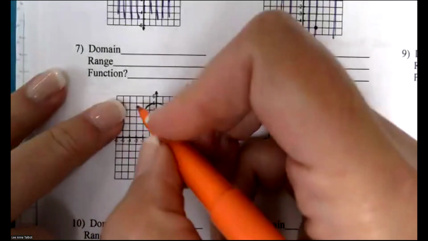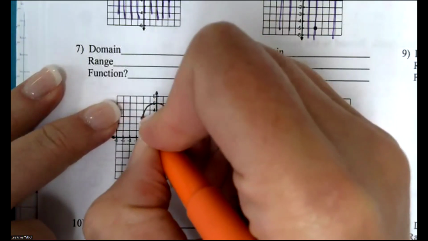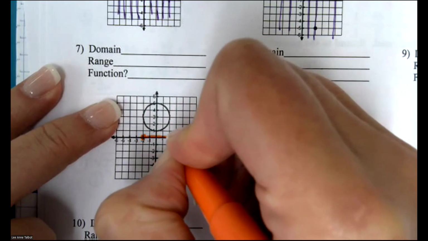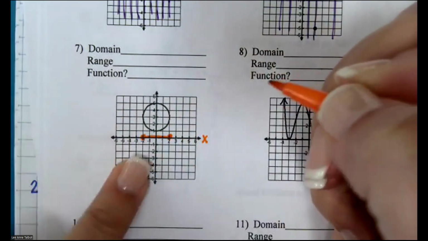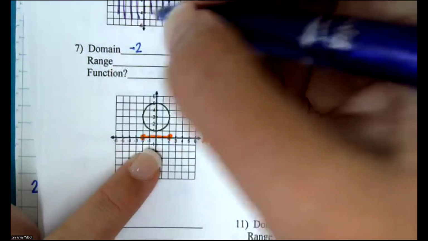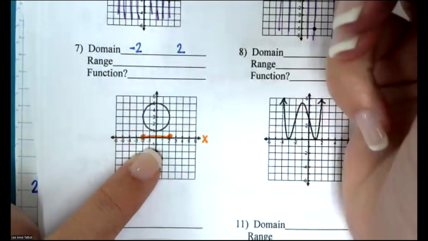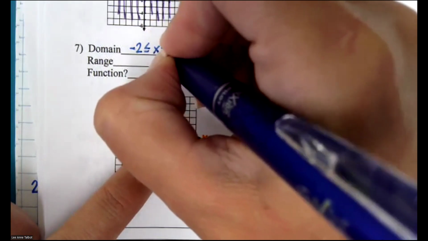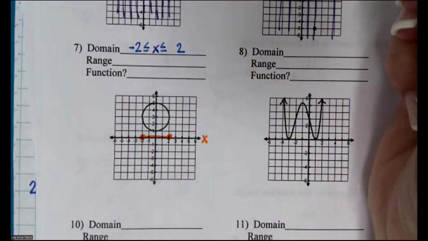So on the domain, it looks like this circle goes from here to here on the X. So -2 to 2. And it's X's, and they're closed on both sides because it actually touches at those spots.